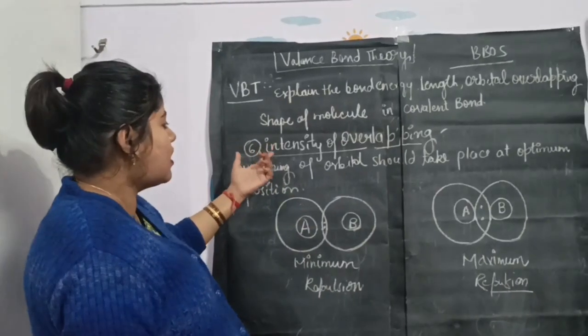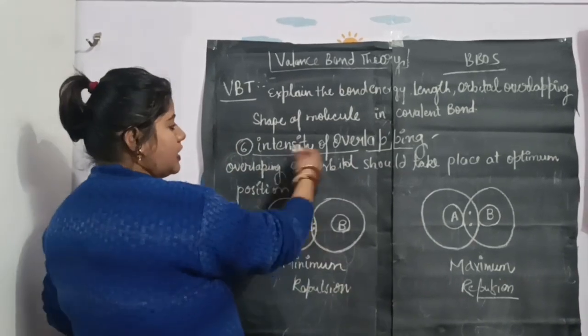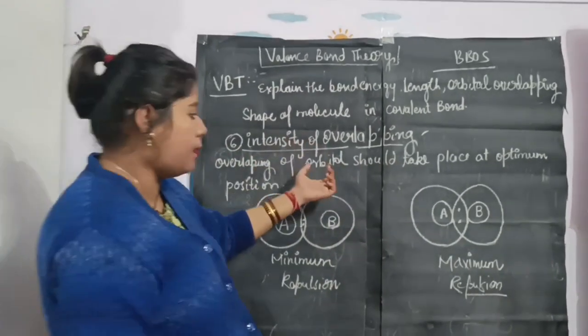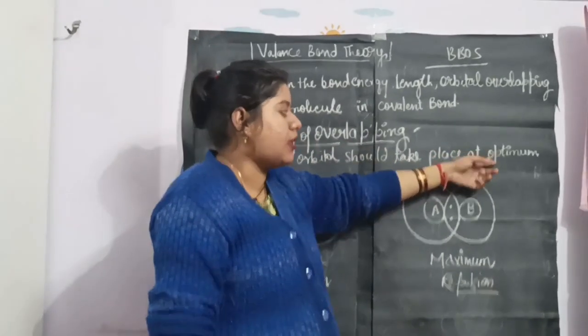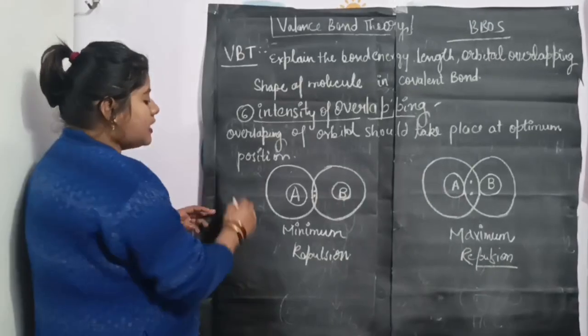The sixth postulate is the intensity of overlapping. It states that the overlapping of the orbitals should take place at the optimum, a suitable position. So let us consider an example.